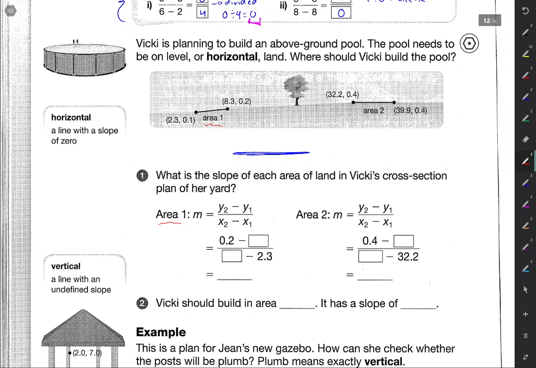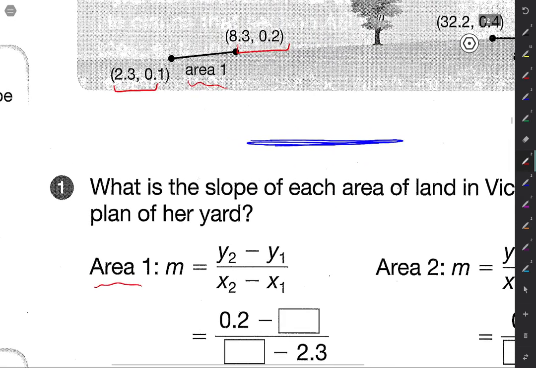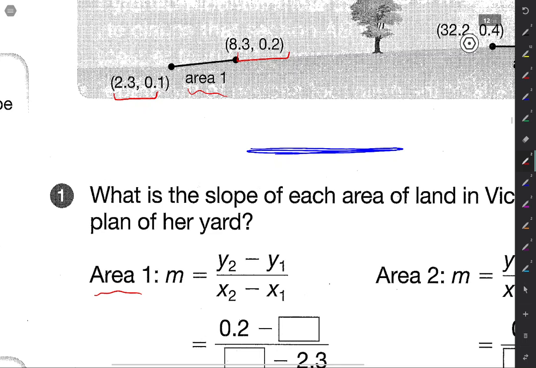So if we were to find the slope of this line segment, we want to use that formula. Remember, whenever they give us coordinate points at the end of the line segments, we are to use this formula right here. So the first step to using this formula is to label your coordinates x1, y1, and x2, y2, just to make it easier for you to plug them into the equation.